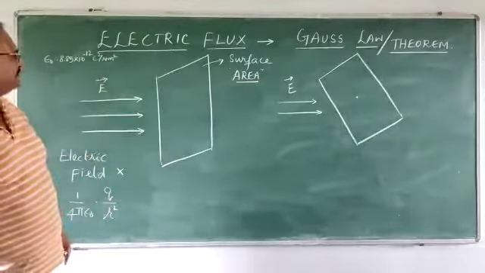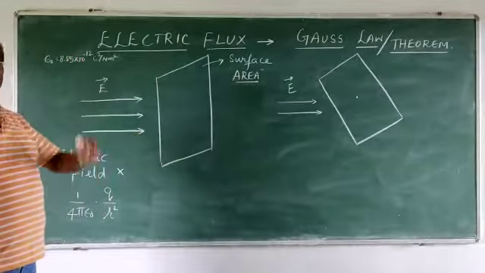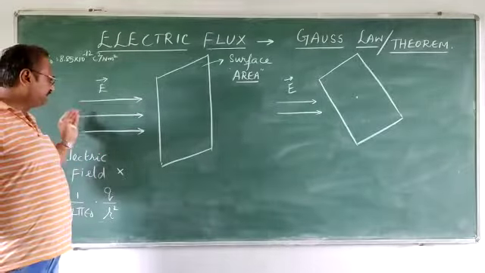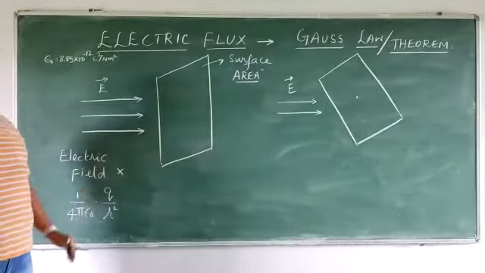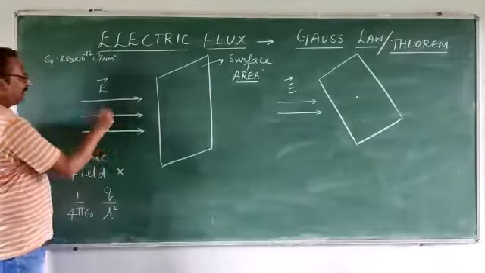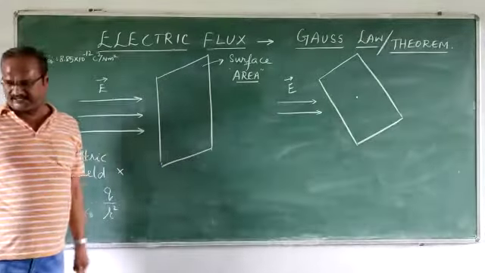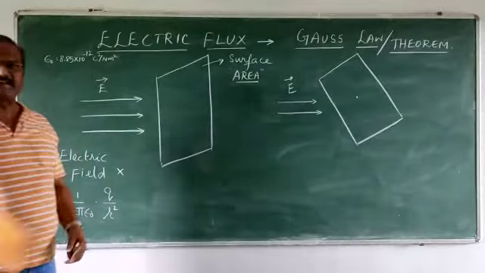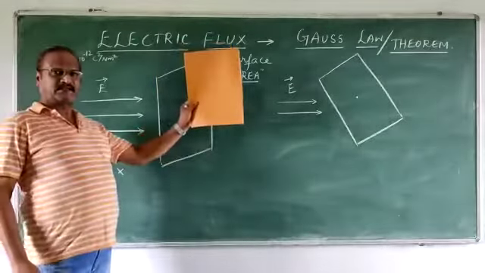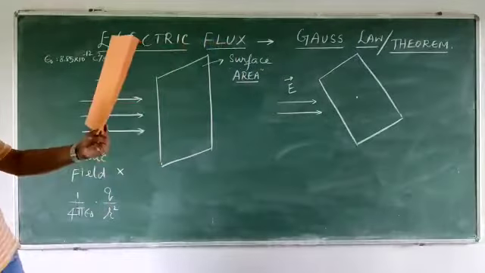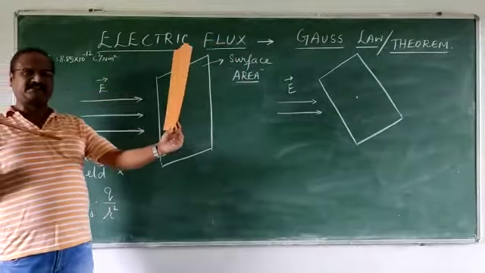Now, what is electric flux first of all? See, the electric field is there, which is a uniform electric field. I have drawn it as parallel lines now. Now I place a surface. For example, this is the surface I have taken. Now I place this surface like this and I take the electric field like this, right?